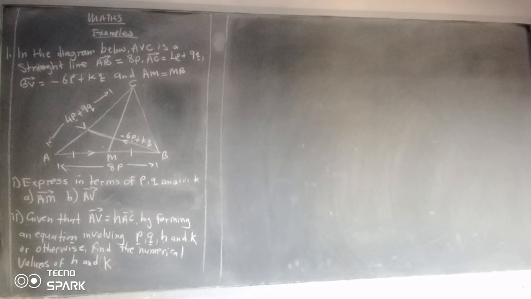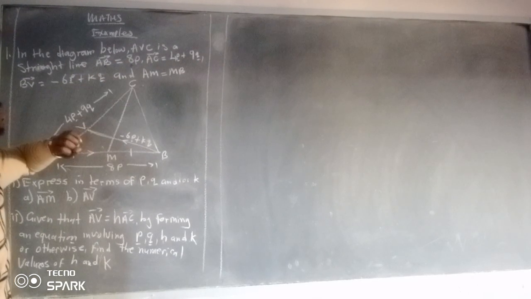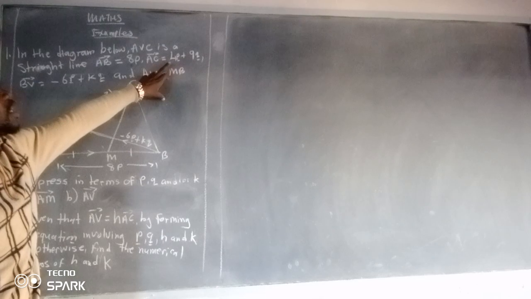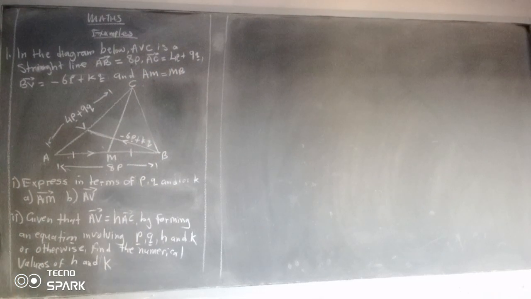ABC is a straight line, AB is 8P, AC is equal to 4P plus 9Q. BV is equal to negative 6P plus KQ, and AM is equal to BM.